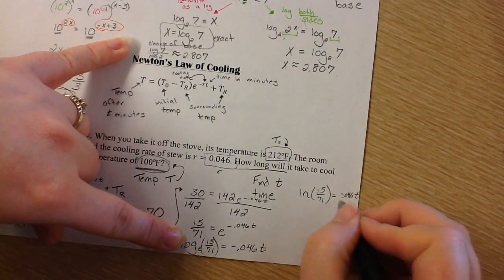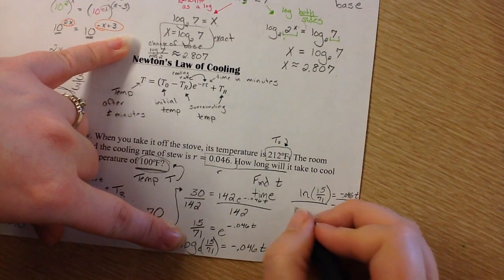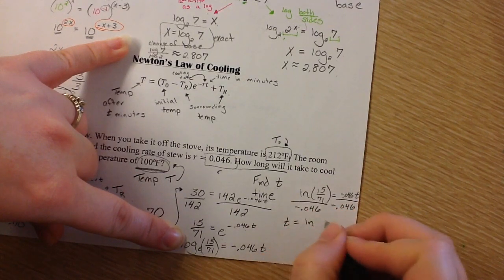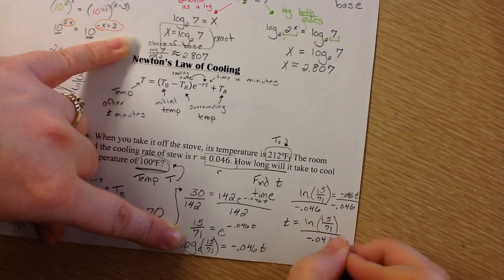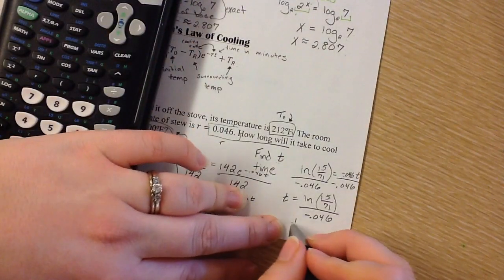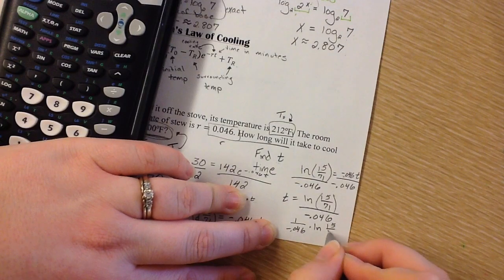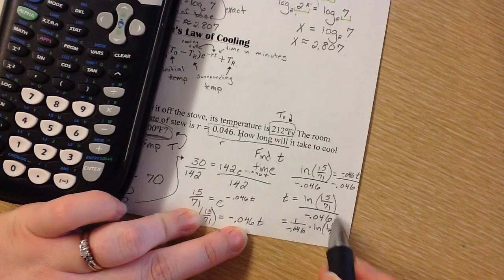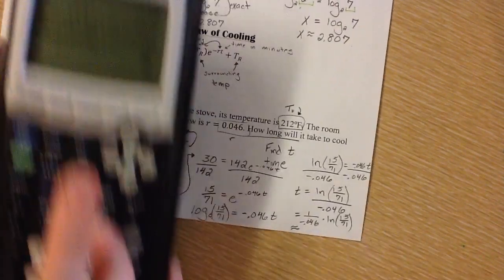Kind of squished over there. So I have to divide both sides by the negative 0.046. So then t is going to equal the natural log of 15 over 71 divided by negative 0.046. Or this is the same as 1 over negative 0.046 times the natural log of 15 over 71. I'm thinking an approximation will be sufficient.